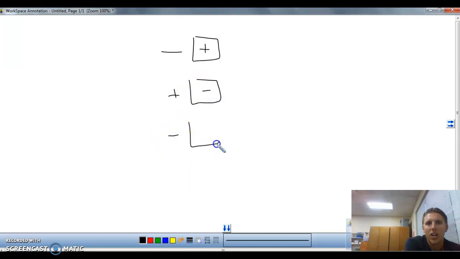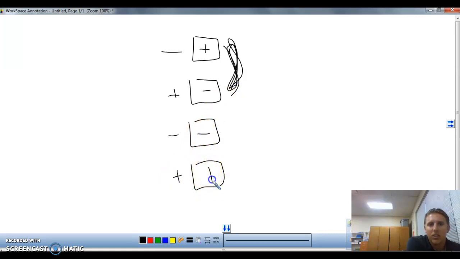If you're subtracting a negative number, so these go together, you're adding the opposite, which would be a positive. These are the same thing. Subtracting something is the same as adding its opposite.